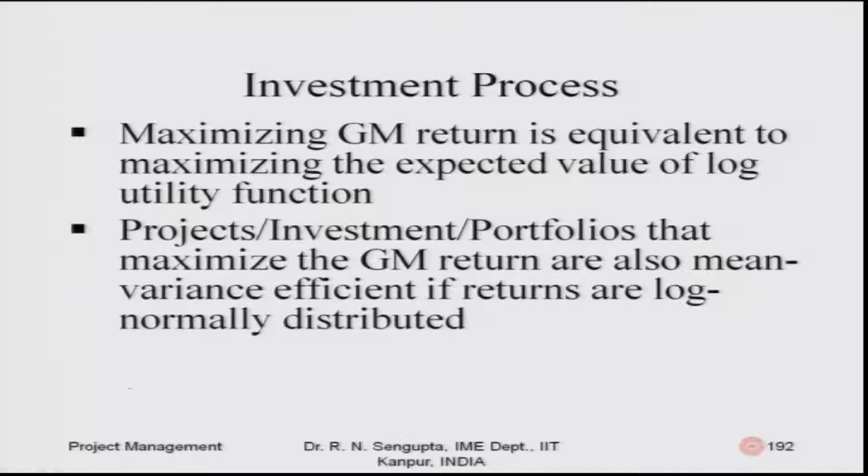So, in case the prices of the stocks, prices of the investments are log normally distributed, then the ranking or the best policy which we get for any project, any investment, any decision also comes out to be true if you are considering the concept of geometric mean return. So, I am just mentioning these as important points, not to be dealt with in the theoretical framework, but more from the practical point of view to try to understand.